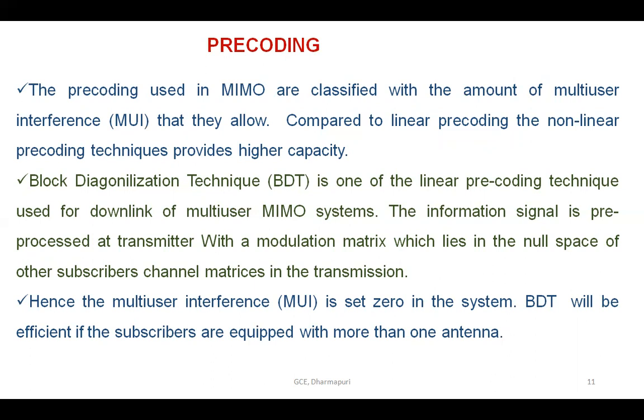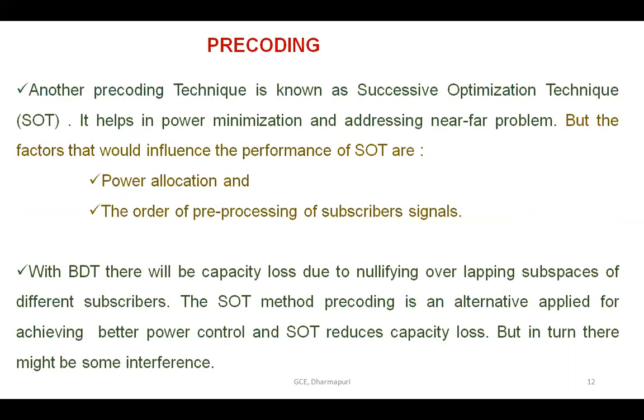The information signal is pre-processed at the transmitter with a modulation matrix which lies in the null space of other subscribers' channel matrices in the transmission. Hence, the multi-user interference is set to 0 in the system. The BDT will be efficient if the subscribers are equipped with more than one antenna.